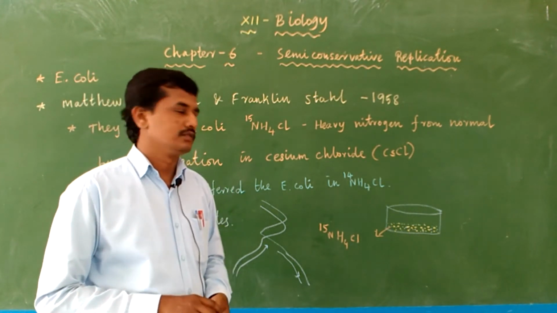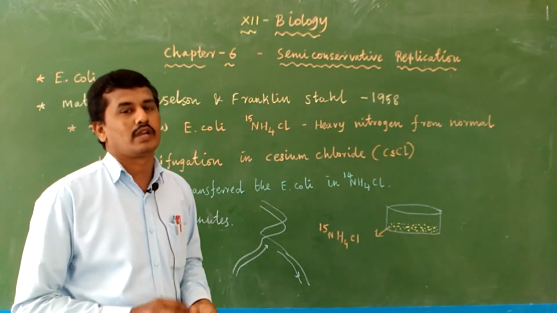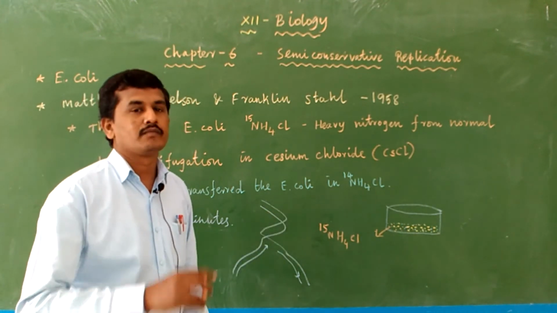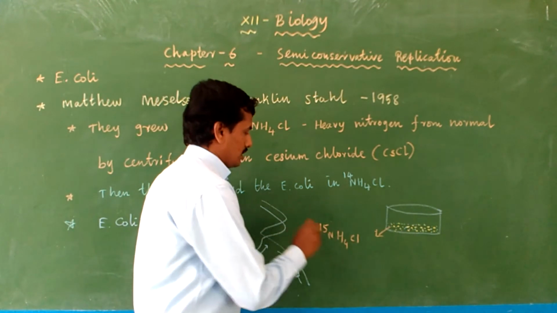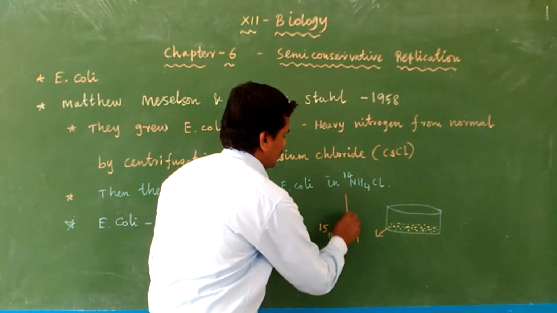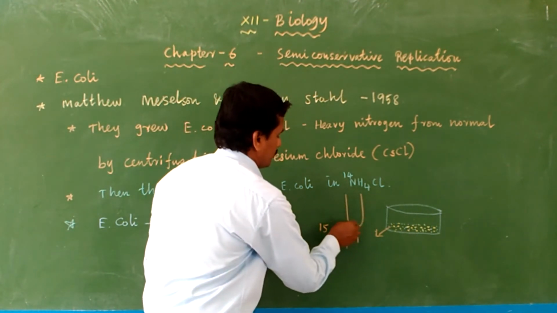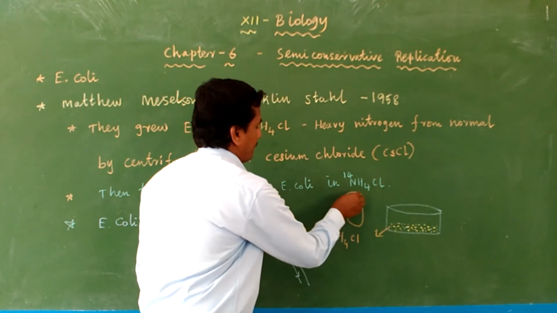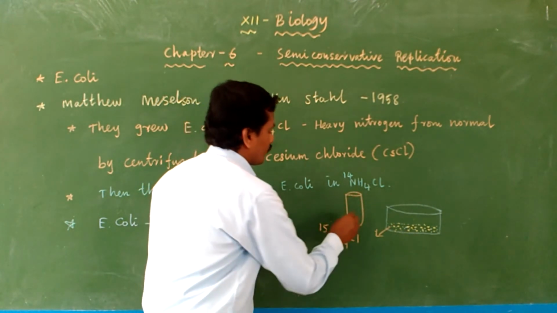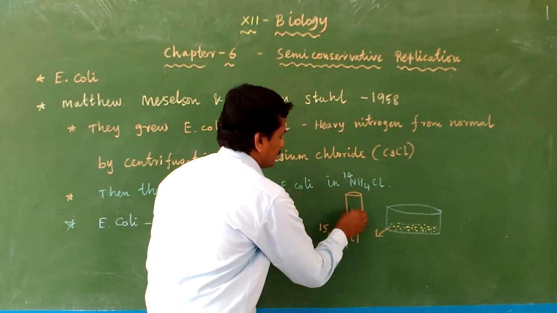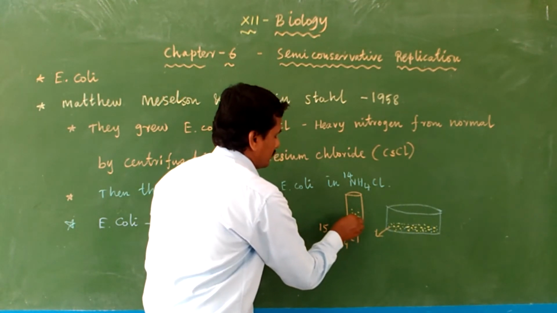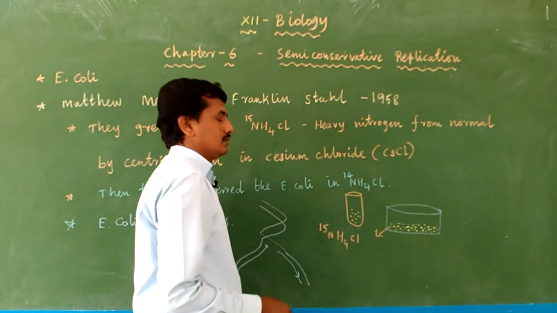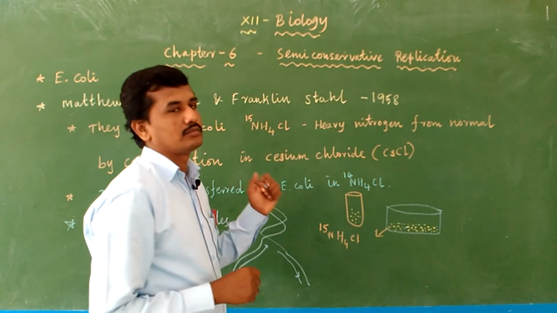Okay. Then after adding cesium chloride to the nutrient medium, we take a particular sample of the nutrient and bacteria in a test tube. In the test tube, the bacteria are present, containing ammonium chloride and cesium chloride.